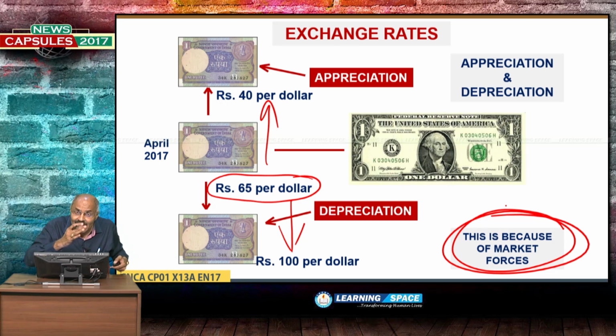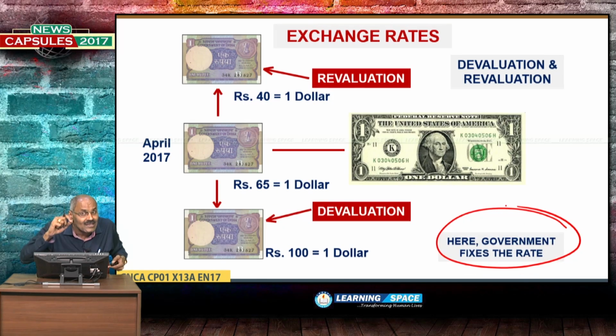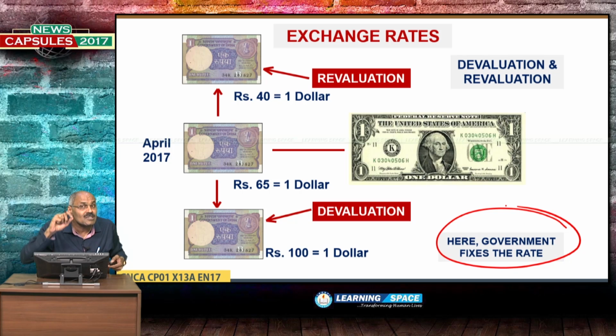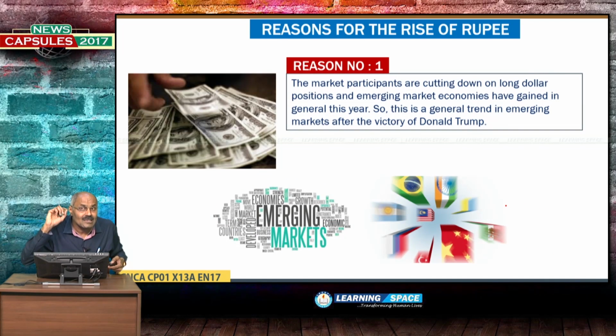So at the end of this lecture, I will explain what are the circumstances in which the Reserve Bank of India interferes, right? So be clear about appreciation, depreciation, then revaluation, devaluation, and let us look at the reasons for the rise of the rupee.